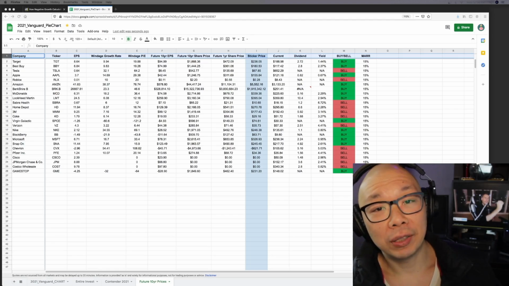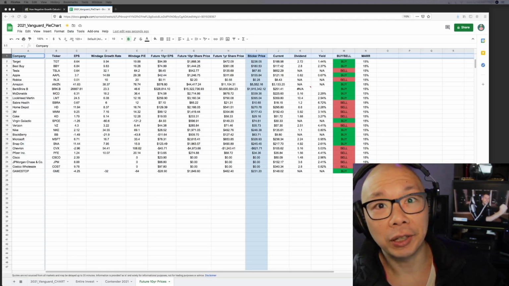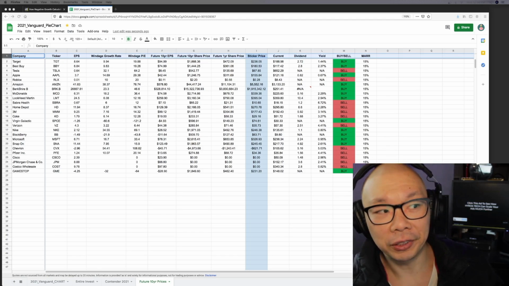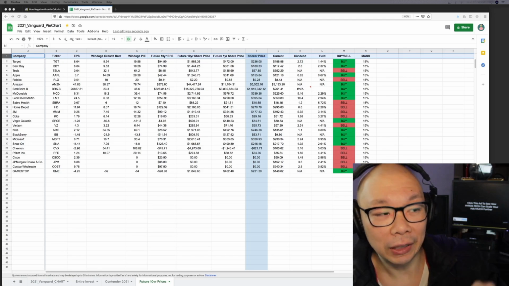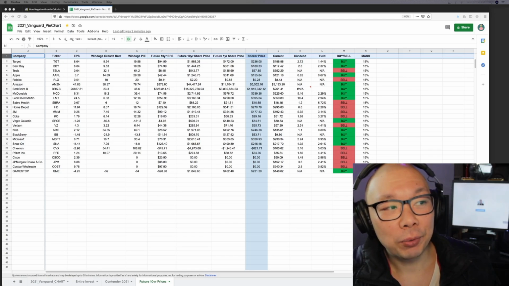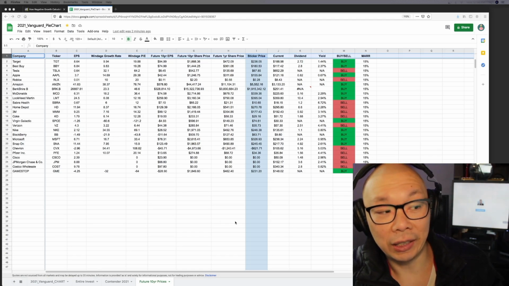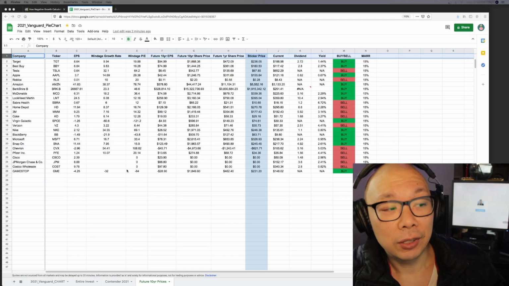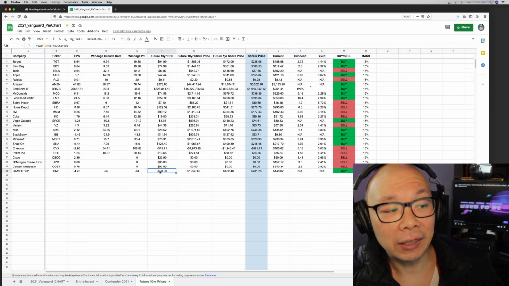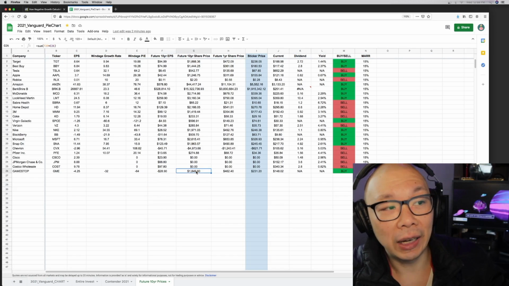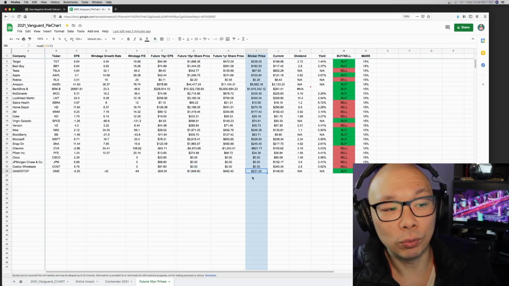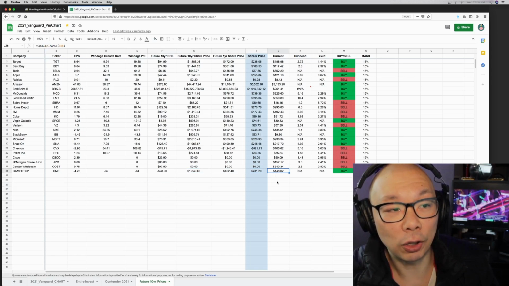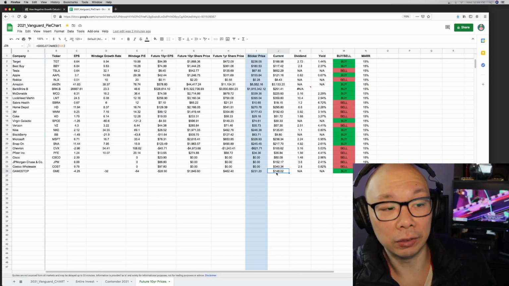In one of my previous videos, the 10-year forecast of these particular stocks, which I will link up here as well, I had GameStop in a situation where the EPS was negative and the growth rate was negative. So when I had a formula that had to take the two values together, I was getting a positive price and it did not reflect what it should have been, because the current value is $148 as of today.